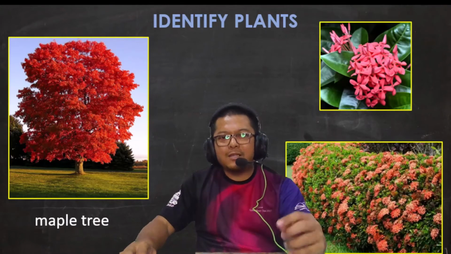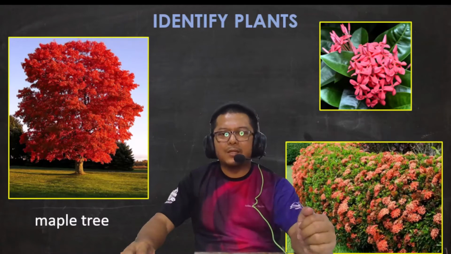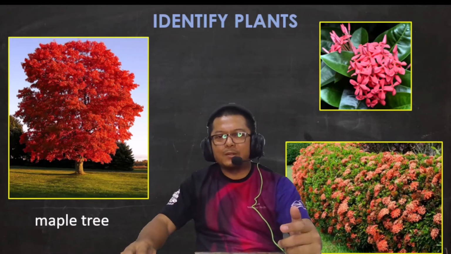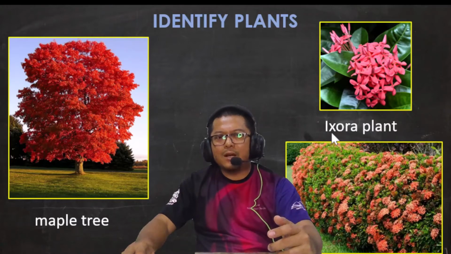And this other plant on my side, we can find it in our school. Usually it looks like round bushes with red flowers, or maybe different colors. This is called Ixora, Ixora plant.